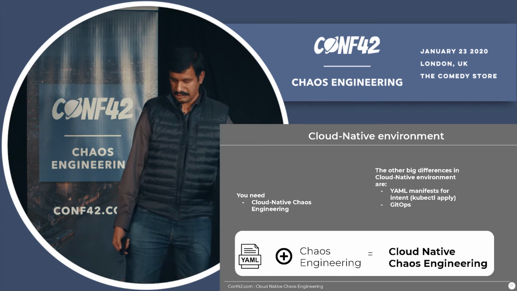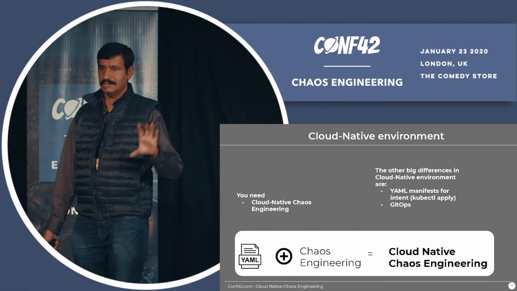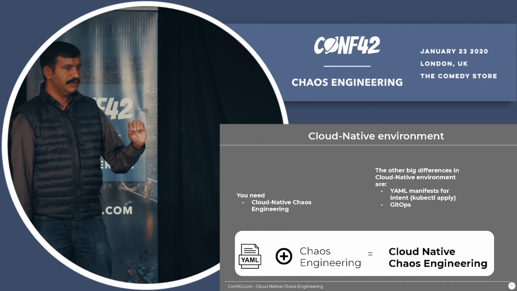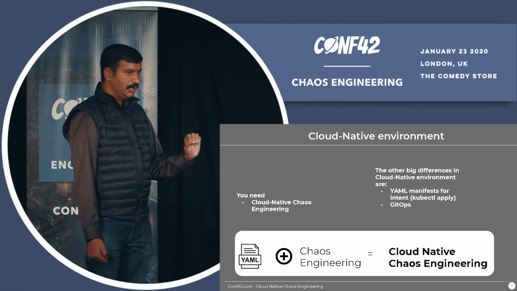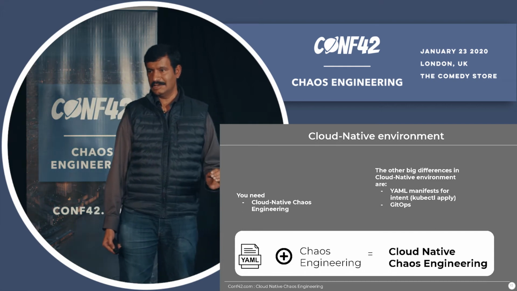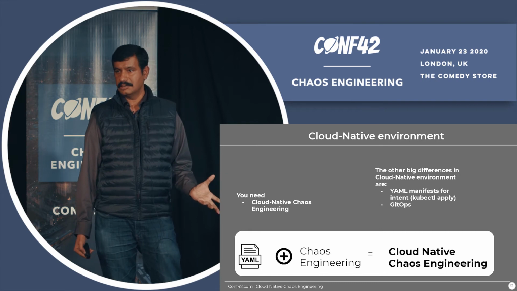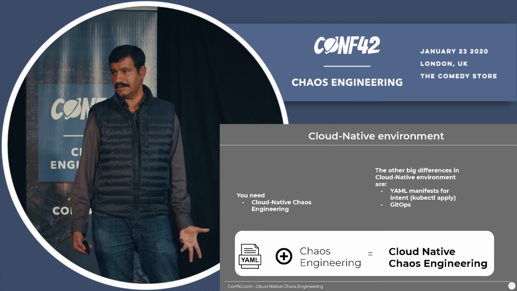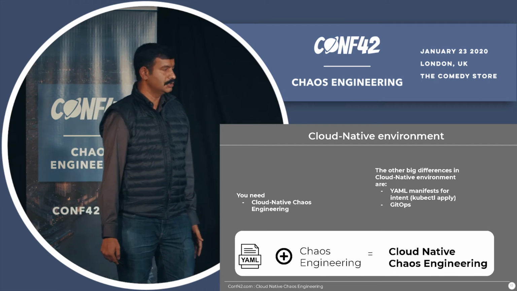If I'm putting something into an infrastructure, it should be in a YAML, right? I need to put it into Git, and even if I'm doing some chaos experiment, it should be in Git because I'm making an infrastructure change. I'm killing a pod. Who gave you permission, right? So it has to be recorded, and that's GitOps, right?